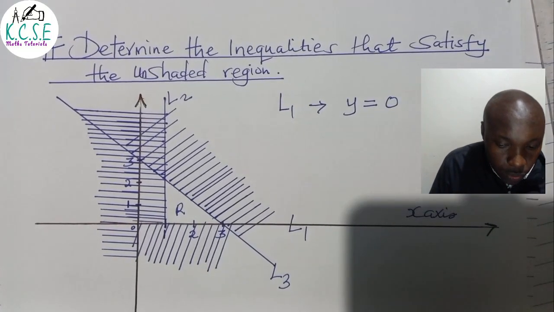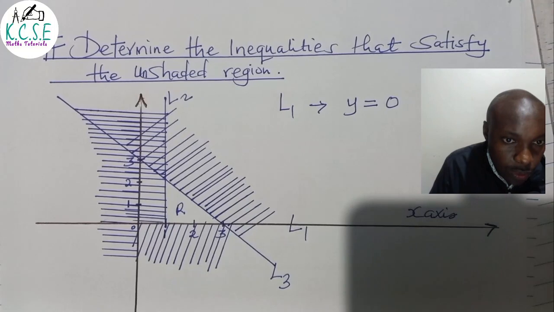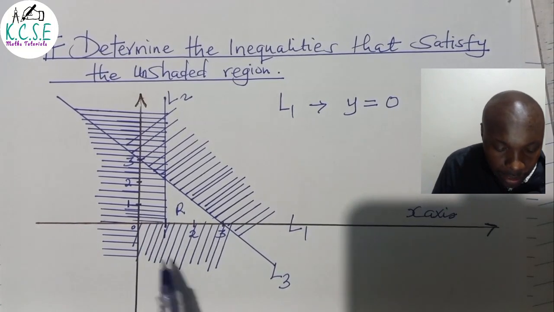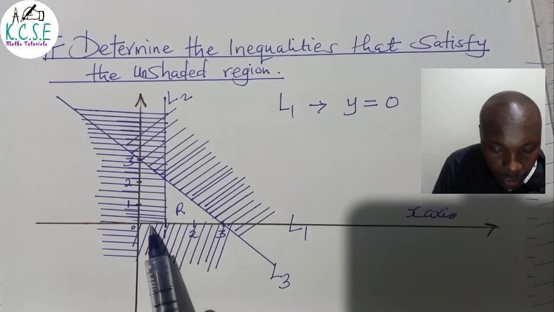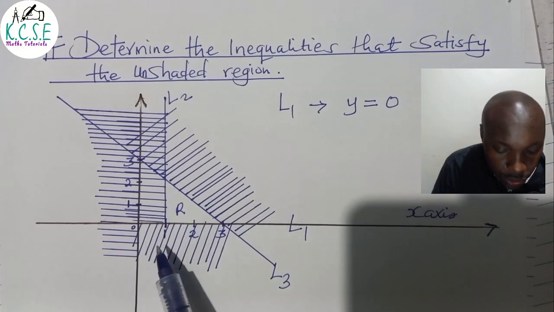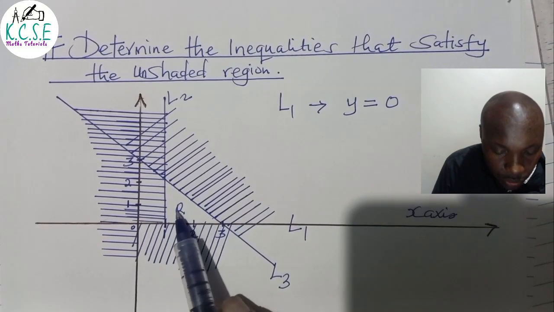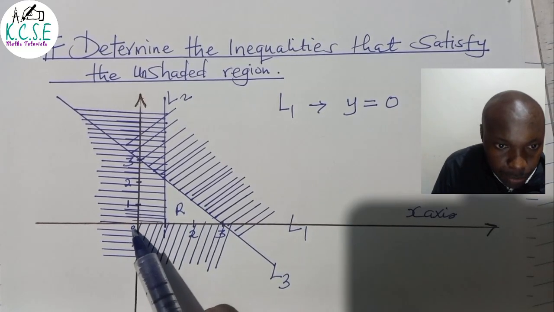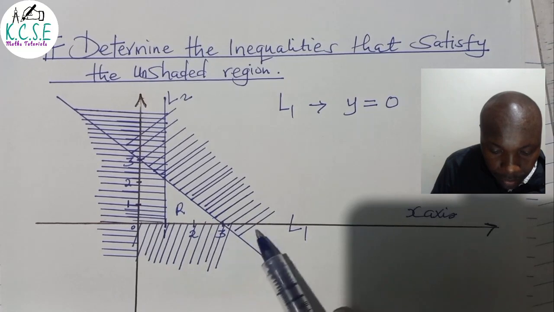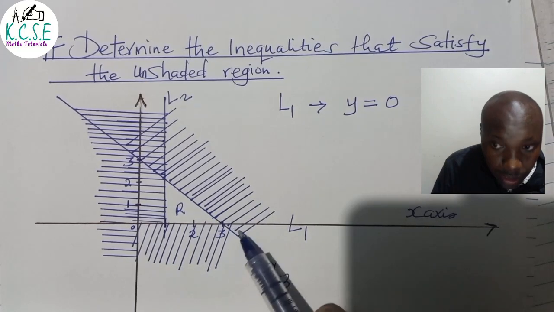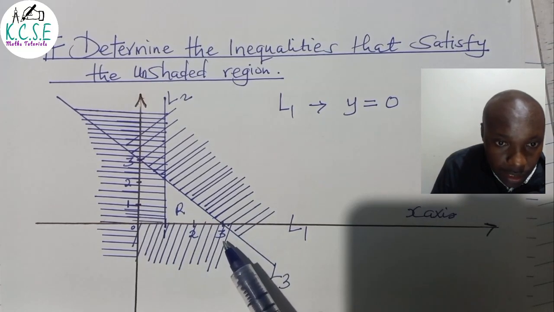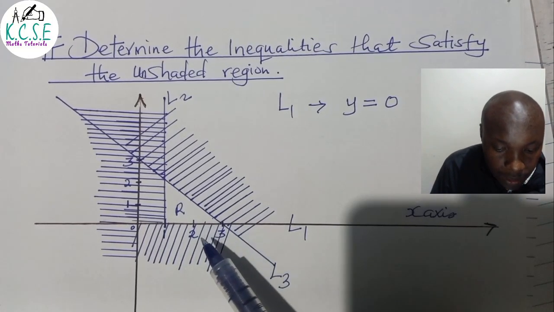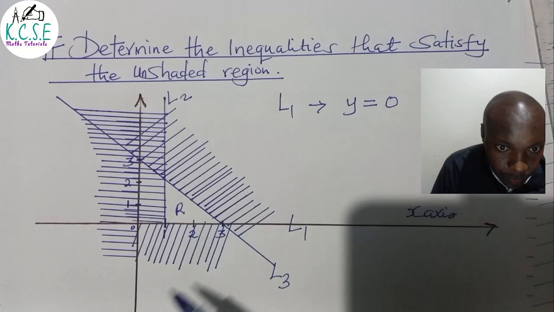Now we're supposed to write that in the form of an inequality. Look at this x-axis and look at the side that is unshaded. The side below that line is the one that is not required, so that is the one that is less than.